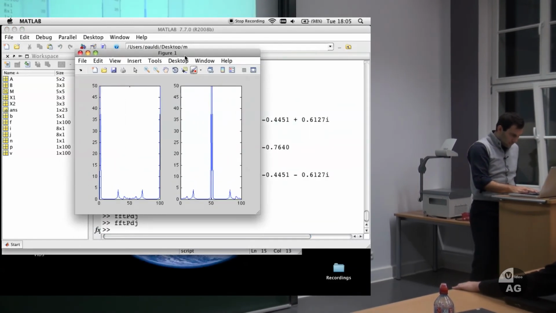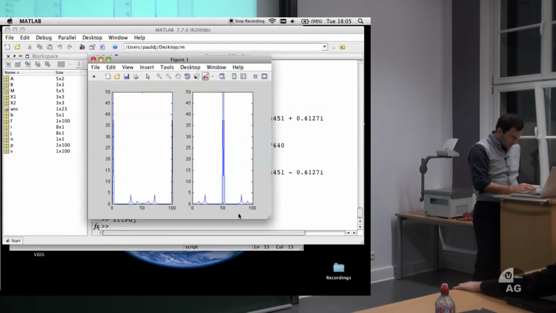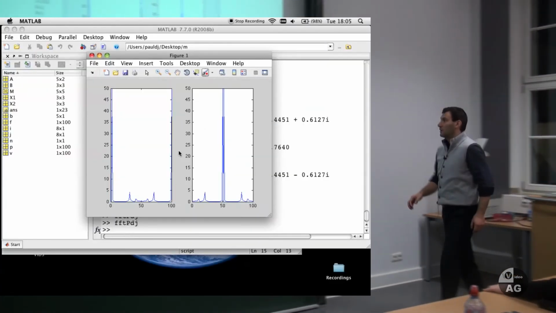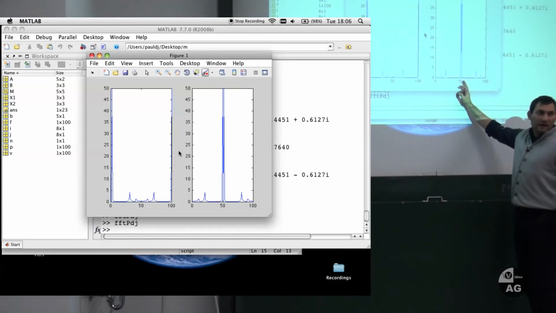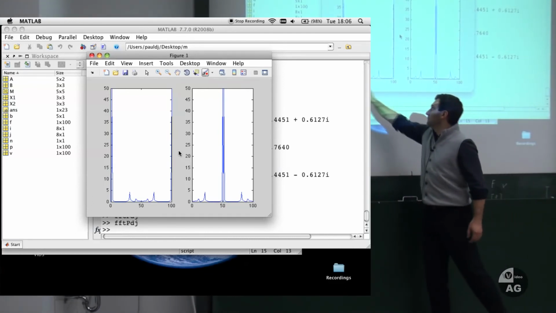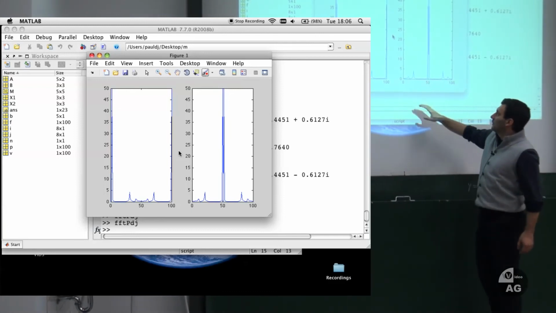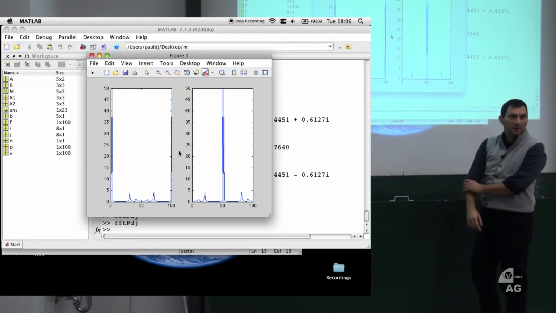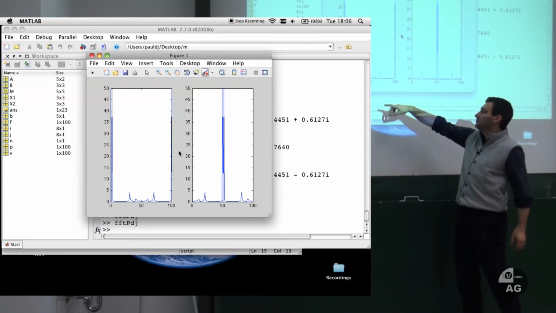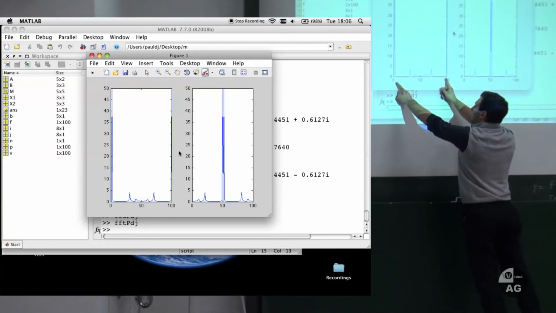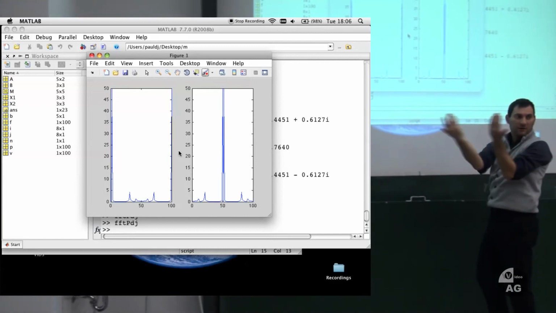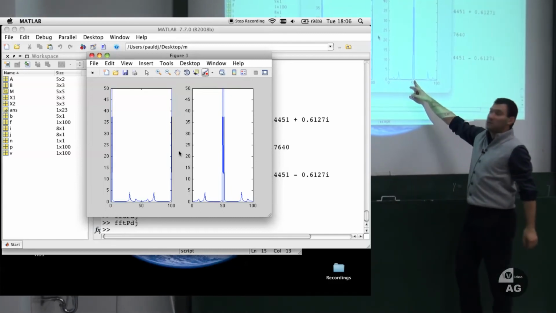And where is the other plot? Okay, what I've done, I have shifted the low frequency to the middle. Remember that this is a periodic thing, so these two parts are actually wrapping around. So it's more convenient to shift them.